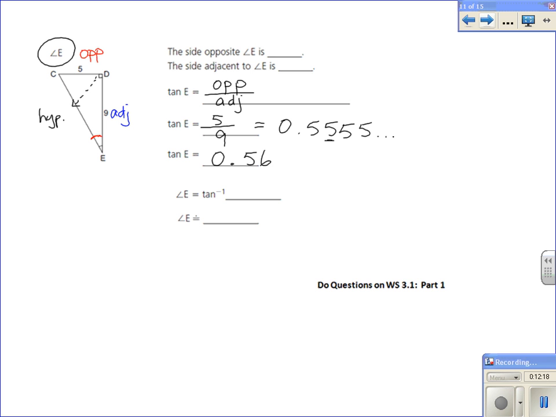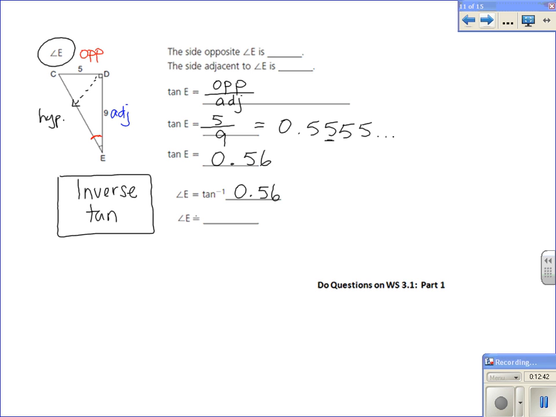So 0.56 is equal to the tan of E. If I want to solve for the angle E, I need to take the inverse tan. So if the tan of E is equal to 0.56, then angle E is the inverse tan of 0.56.